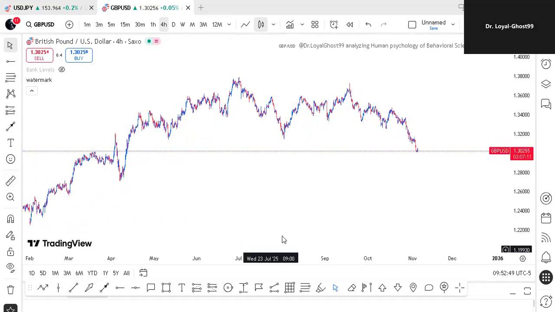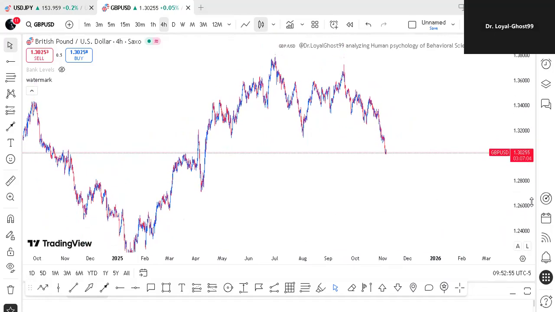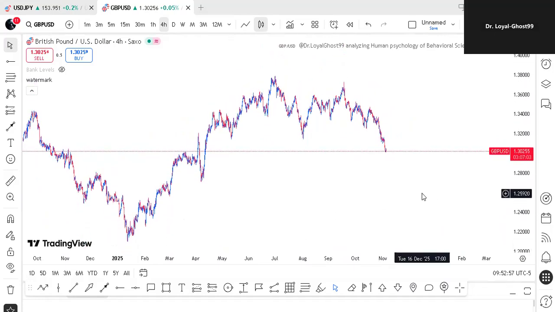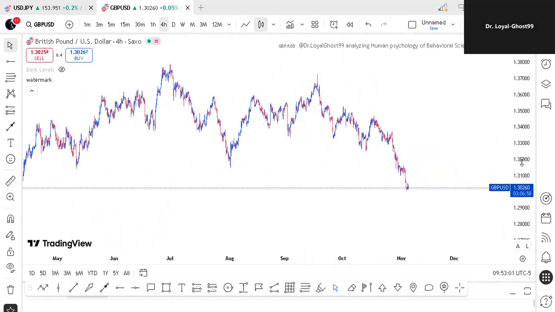The next step is I'm going to analyze my charts, as you all see here. So the 4-hour time frame. Stay with me. I'm not going to explain too much, but try to stay with me.